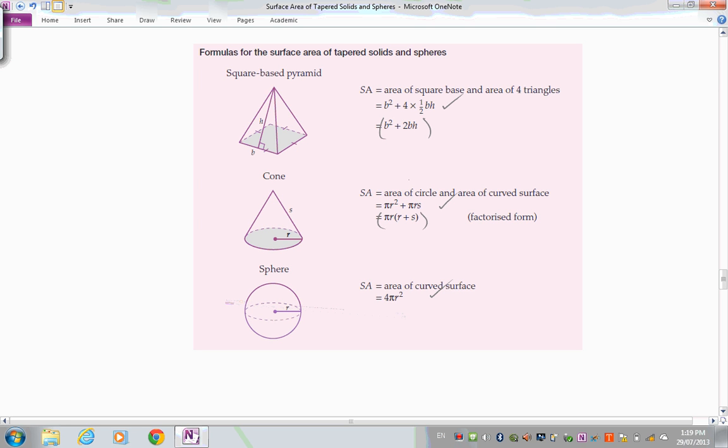I would show the idea, area of circle, curved surface, area of base, 4 triangles. That level of explanation guides someone through your solution, and that makes a complete solution. Remember, we want a solution, not just an answer in mathematics as we go on. Let's show how we did it.